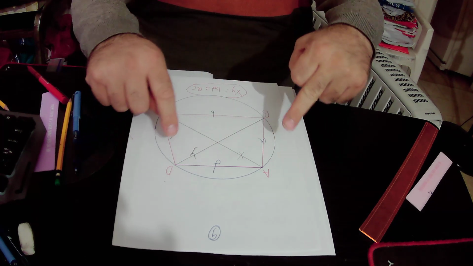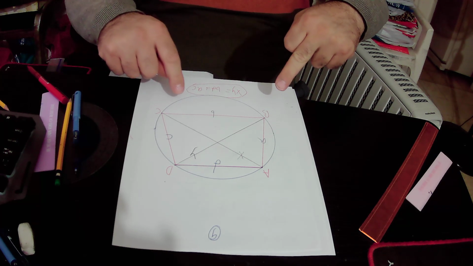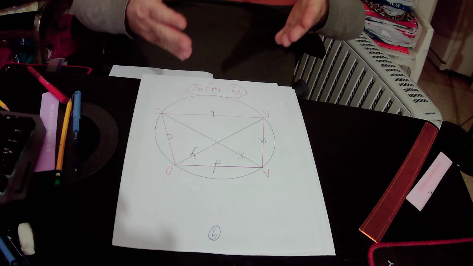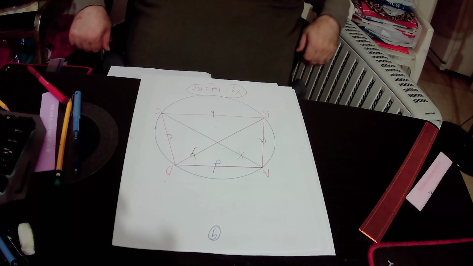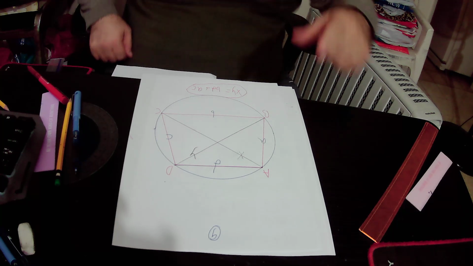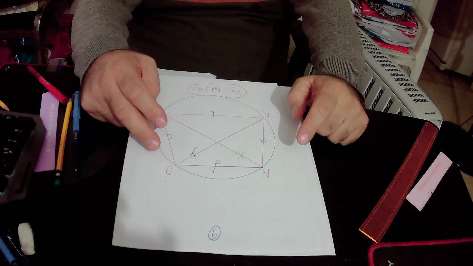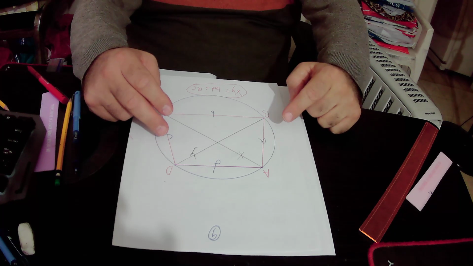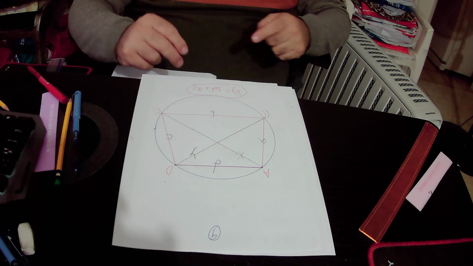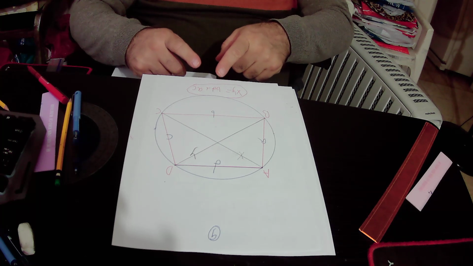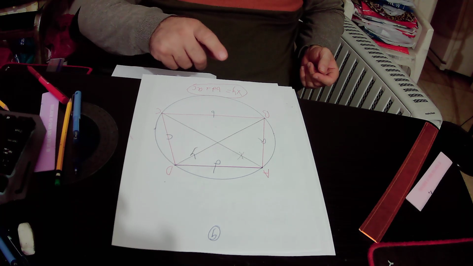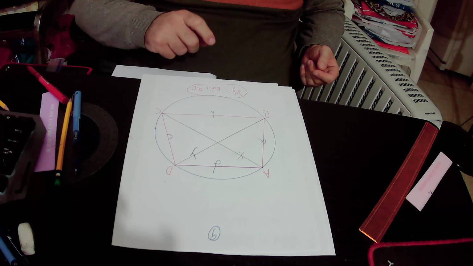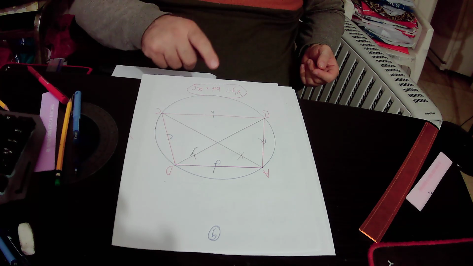AD equals D units in size, and BC equals B units in size, and the product of those two opposite sides is B times D. And the product of the second opposite sides: side AB is opposite to side DC, and the product of those two opposite sides is A times C. So we have two products of the two pairs of opposite sides, and the sum of the products of those two pairs is BD plus AC.